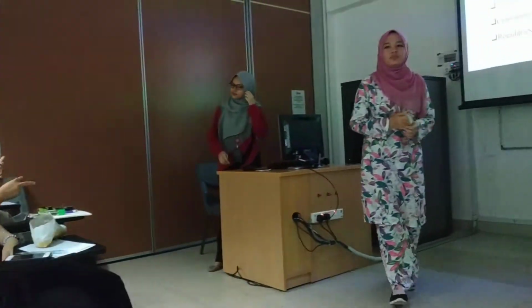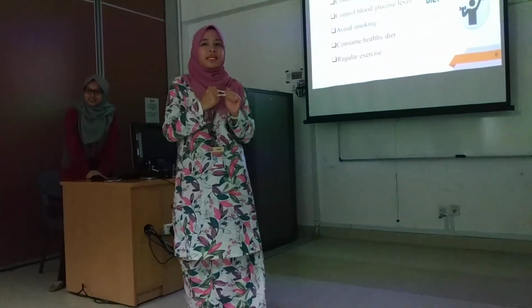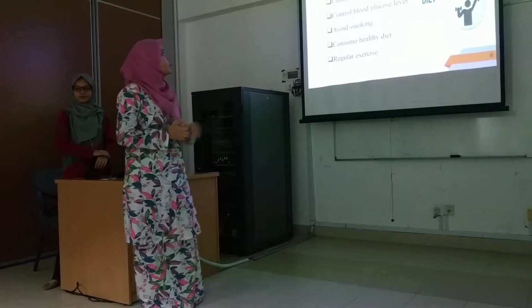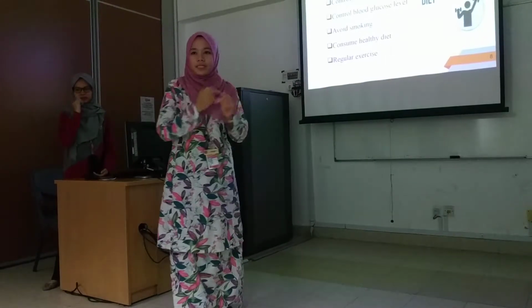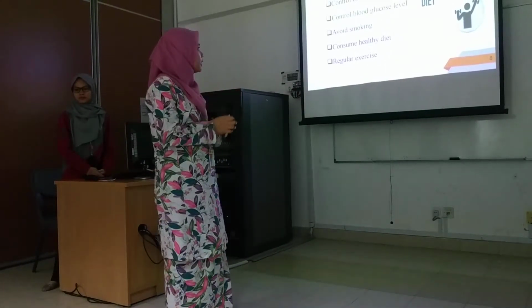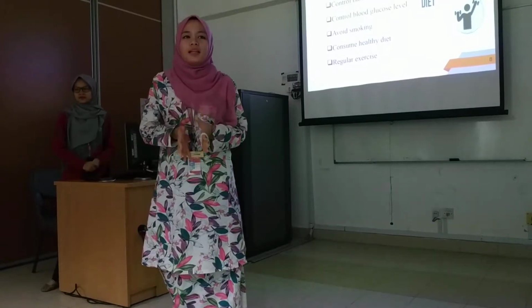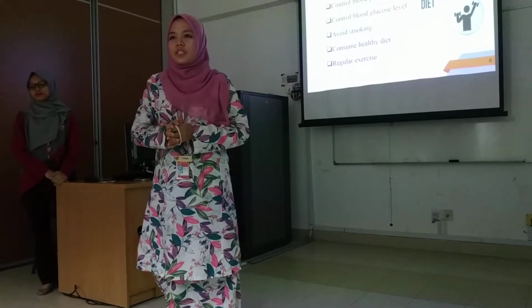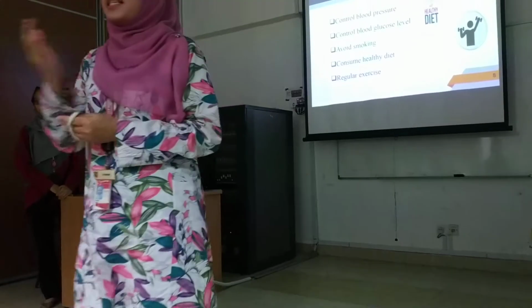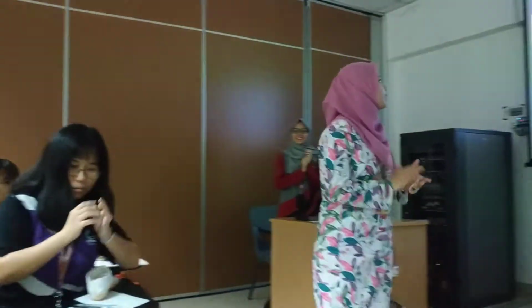How to prevent ourselves from becoming stroke patients? We must control our blood pressure and blood glucose level by maintaining a healthy diet. Miss, can you give me some healthy diet for the stroke patient? Low salt. Yes, low salt diet. Thank you, that's a great answer.